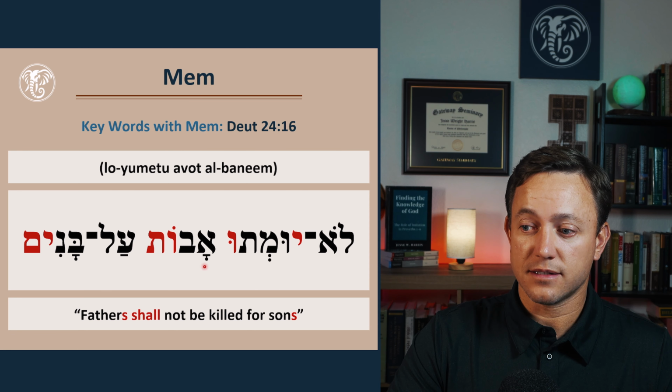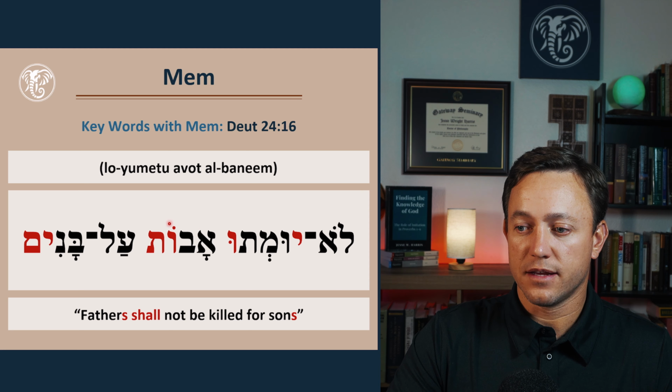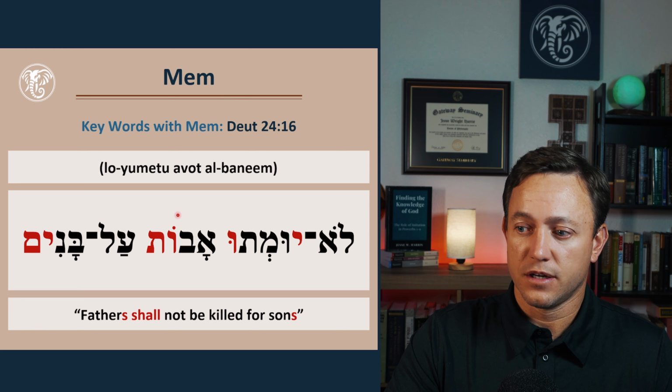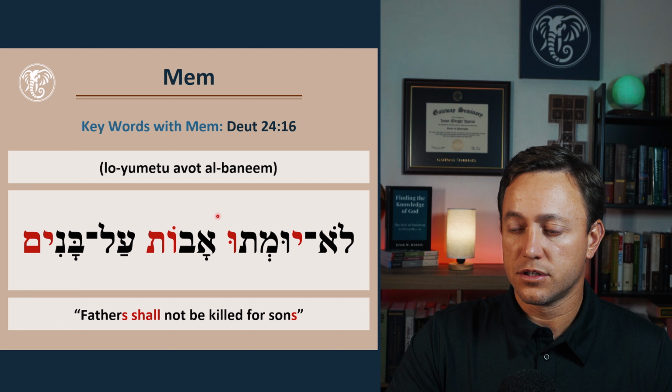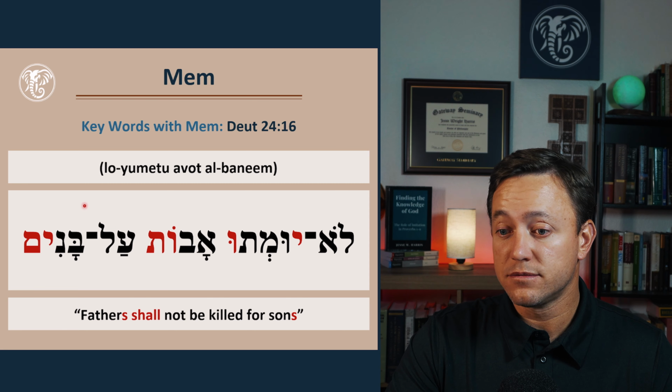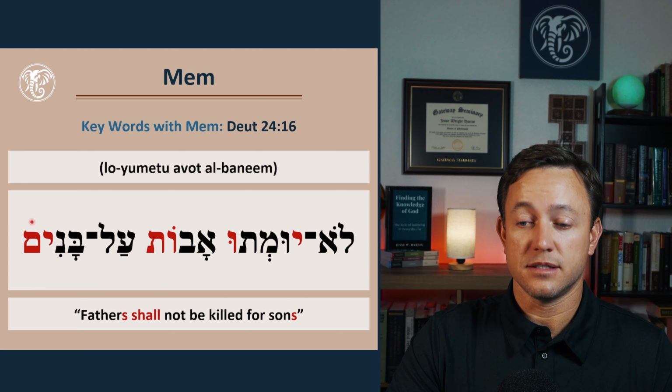And who is that? Avot. Av is the word for father, and then ot is the plural. So avot, fathers. So in other words, fathers will not be put to death or die, all on account of or because of banim, sons, right?